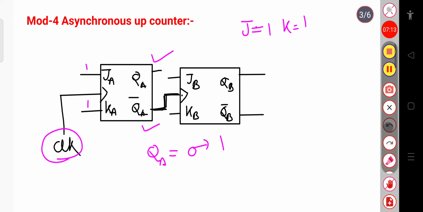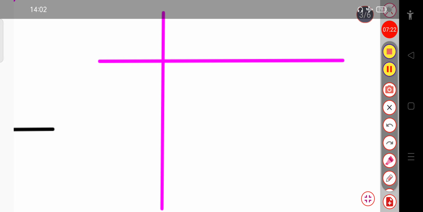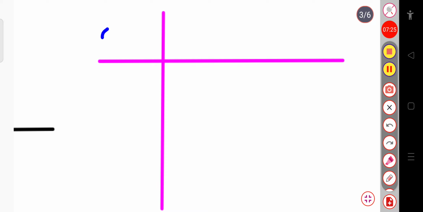Now we will see. We will first draw the table. Let me draw the table first. The first column is for clock, and here one is for the output QB and another is for QA. Why am I writing QB then QA?